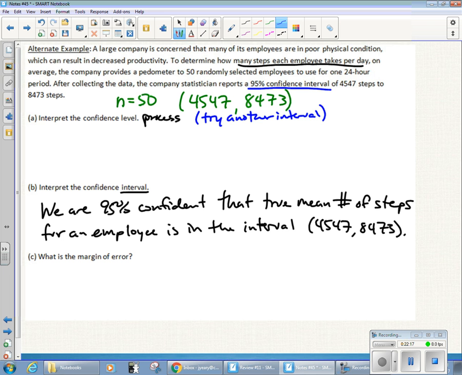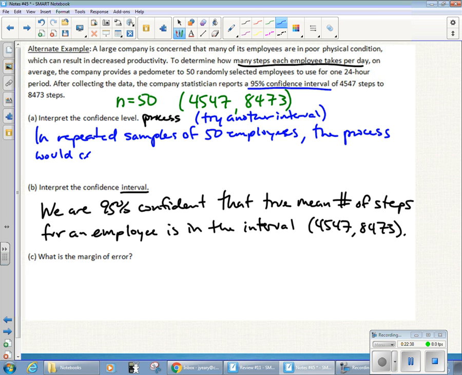The level here is telling me that in repeated samples of 50 employees, the process would capture the true mean in about 95% of all constructed confidence intervals.